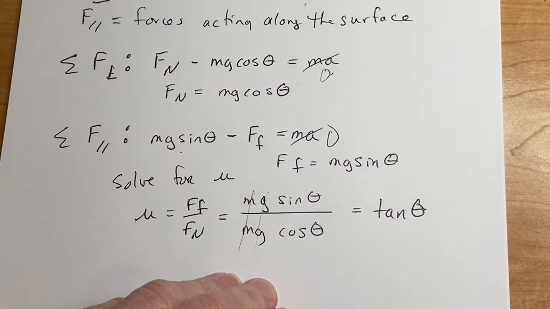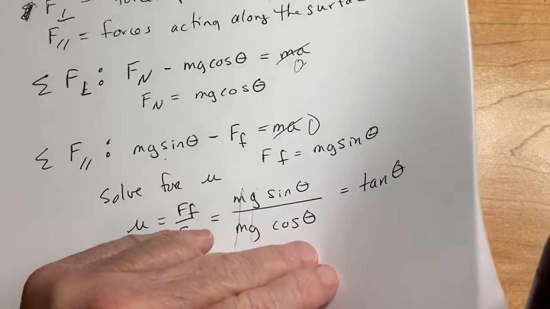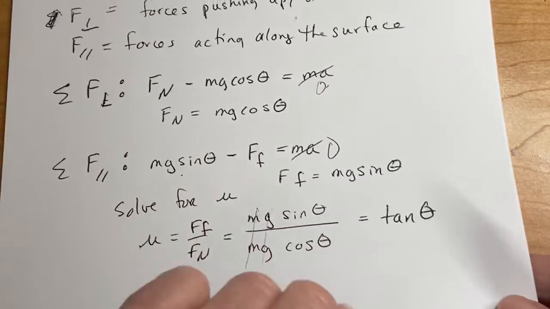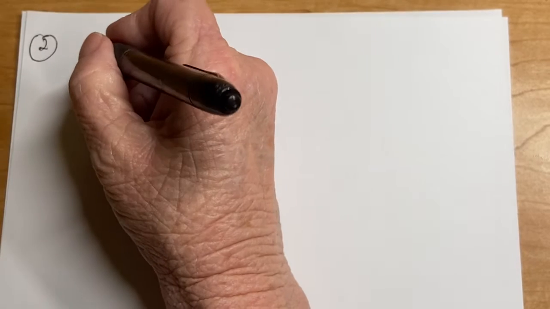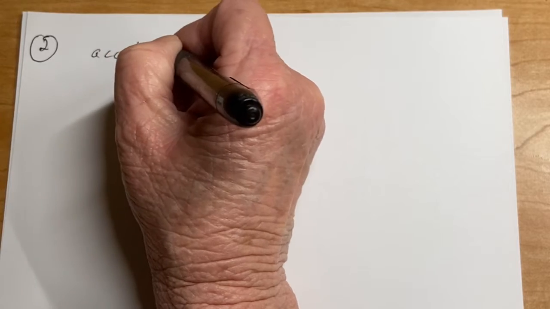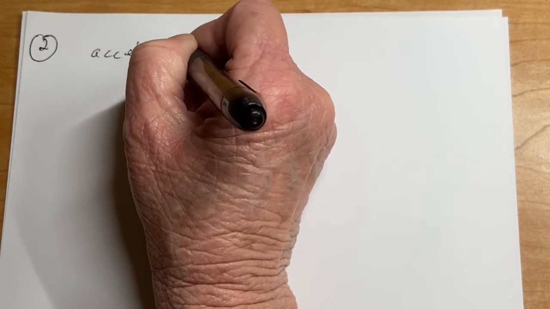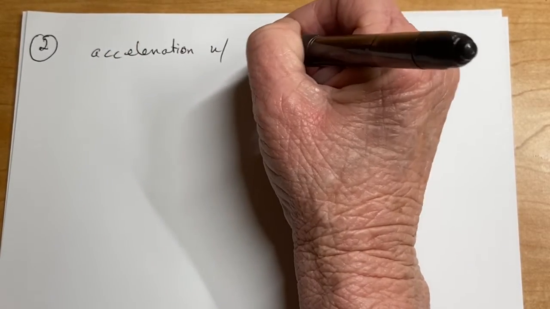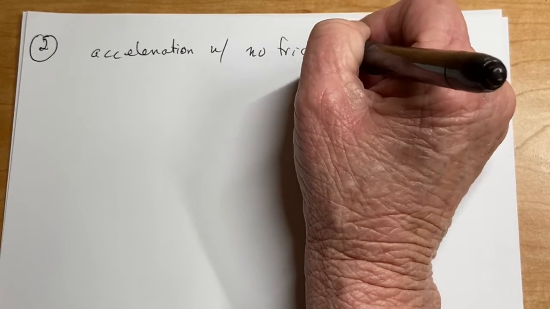All right, next scenario. Let me move my paper. Let's call this example 2, and that could be example 1. So the next one would be acceleration with no friction.